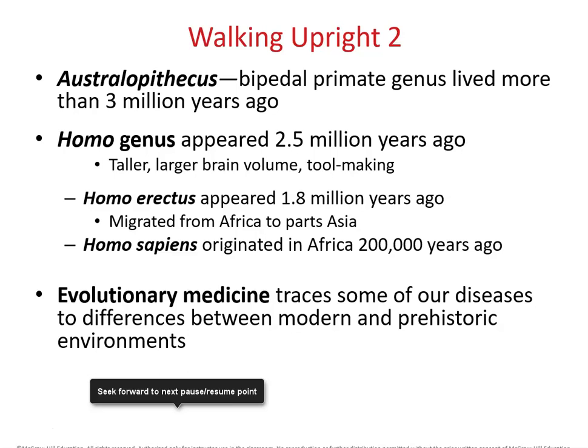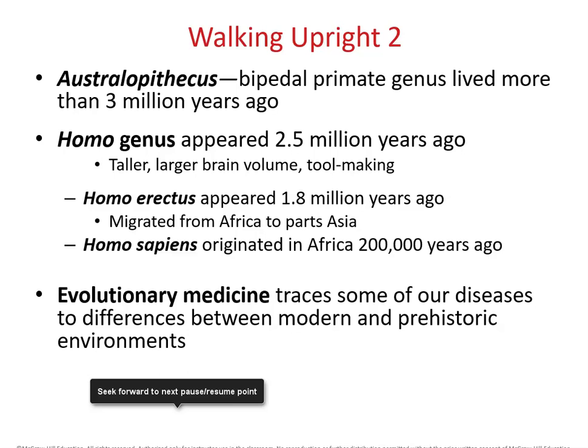Okay, so primates is our order, and this slide is talking about genus, the very specific close relative that we're discussing here. Okay, so the first bipedal primate genus that we have fossil records of was called Australopithecus, and those fossils are from more than 3 million years ago.